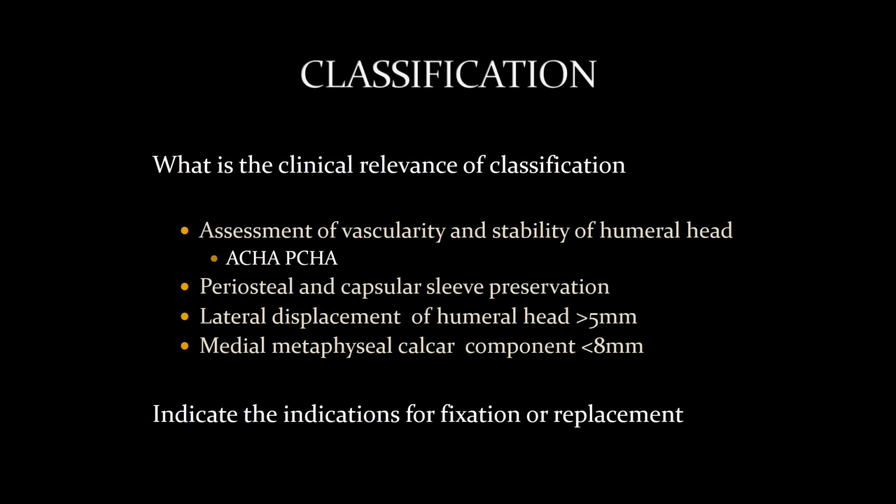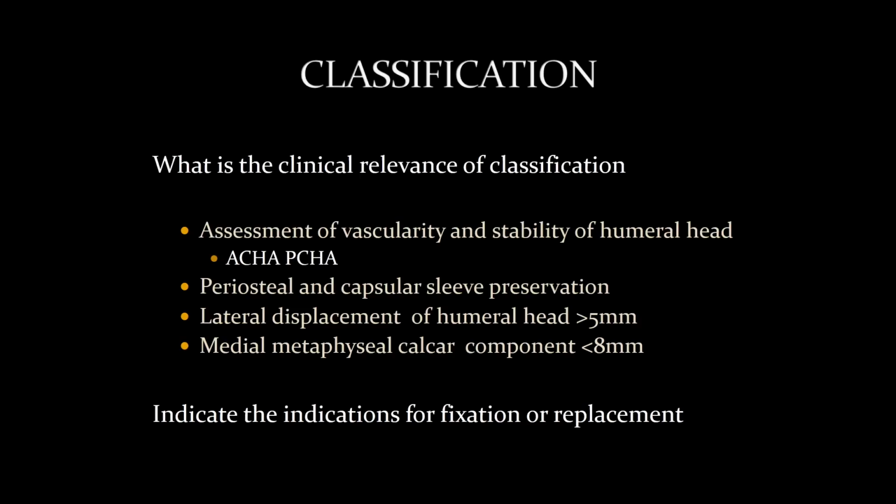Okay, so just briefly on the classification, there's a number of classification methods that Leon has alluded to, but the importance is that what we want to do is assess, first of all, vascularity to the head, and secondly, the stability of the fracture fragments after we do it. And we need to assess the anterior circumflex humeral artery and the posterior circumflex artery.